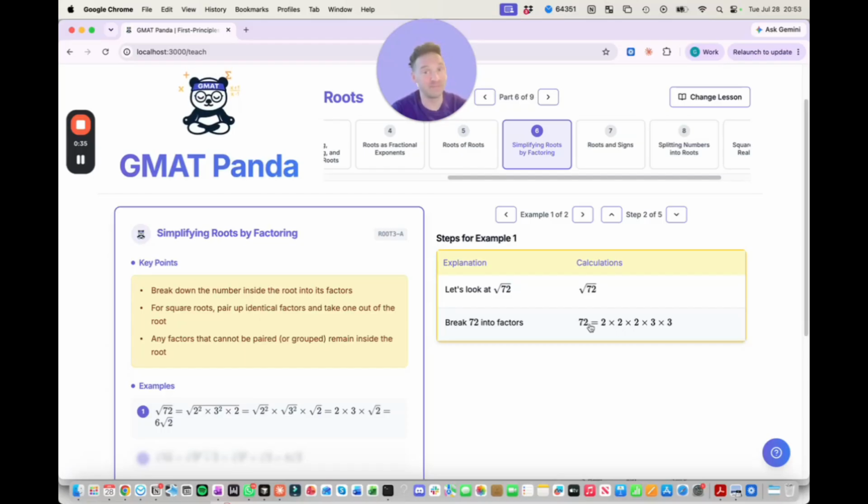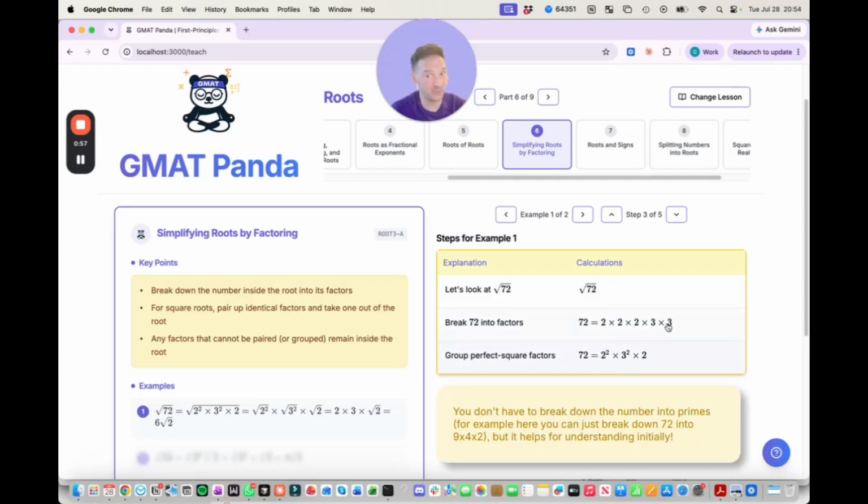So 72 we can write as 8 times 9, and 9 can be written as 3 times 3, and 2 times 2 times 2 gives us the 8. So we can actually write that number 72 as 3 squared, because we have 2 3's, times 2 squared times 2. So notice that we have 3 2's, so we can only pair up 2 of them, and we've got one odd one out.